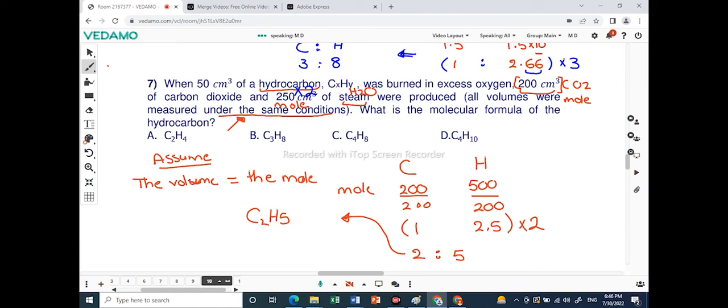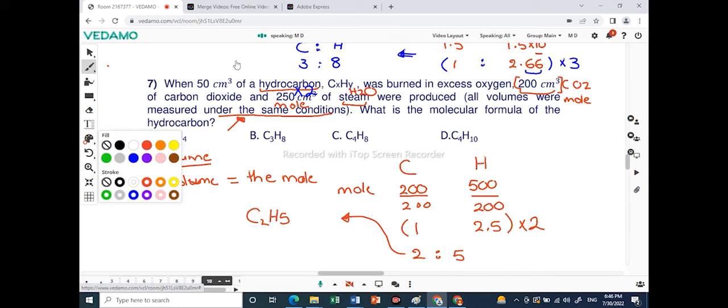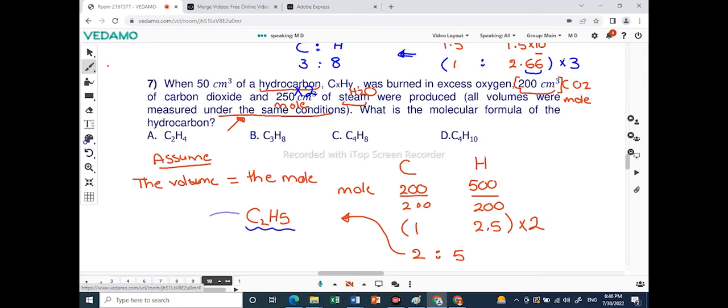No, we don't. Remember that the final answer that we have obtained here is actually the empirical formula. It's not the molecular. The question is asking me to determine the molecular formula.